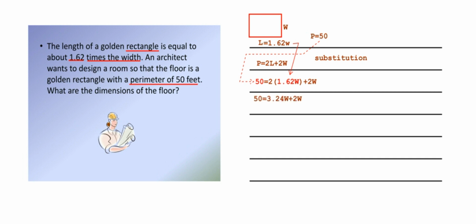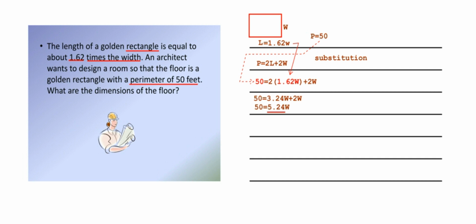Okay, so let's simplify this. We're distributing. So when we distribute or multiply, because it's pure multiplication in this case, 2 times 1.62, we get 3.24. Highly recommend double check with your calculator. Plus 2w. So 50 equals 3.24w plus 2w. We can combine the w's, right? So 3.24w plus 2w gives us 5.24w.